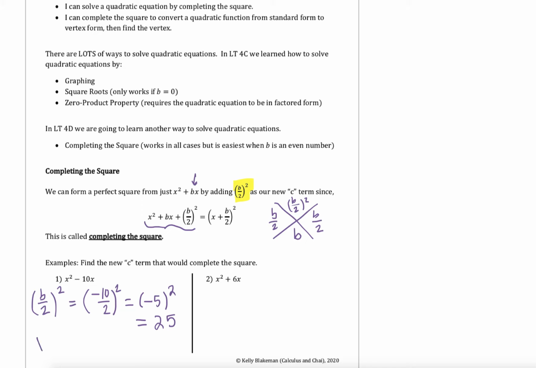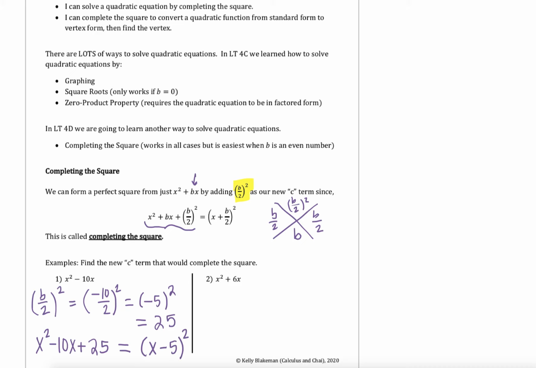What we can do then is add 25 to this quadratic. So instead of just having x squared minus 10x, we now have x squared minus 10x plus 25, which enables us to factor this. We're looking for two numbers that multiply to be 25 but add up to be negative 10. That would be negative 5 and negative 5, which is why we can rewrite this as x minus 5, the entire thing squared.